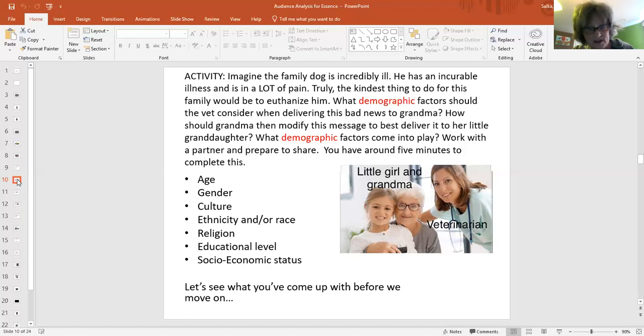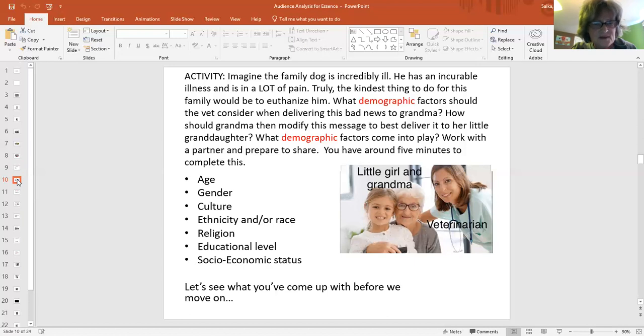The veterinarian is going to simplify her speech a little bit and have a sensitive demeanor when telling grandma the bad news. And when grandma tells the little girl, she's going to simplify her speech even more, and if it's the little girl's first experience with death, maybe even add a simple explanation. Actually, there's really no simple explanation for death, but yeah.